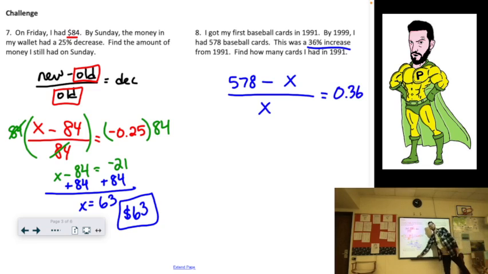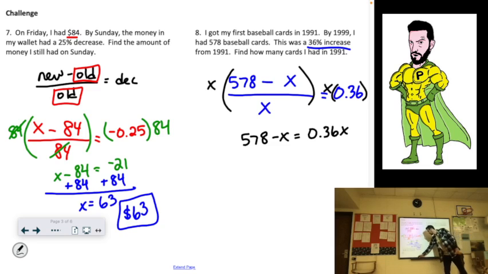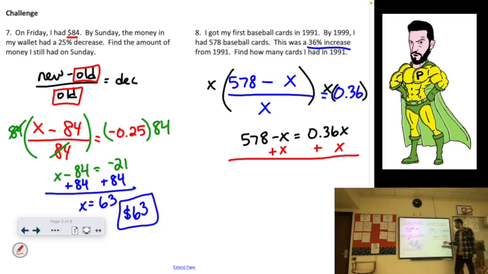Now, if we're to move stuff around here, I see divided by X. We can multiply both sides by X. So we'd have 578 minus X equals 0.36 times X, which is 0.36X. Now, thank goodness we're working on our multi-step equations here, because I can get the X's on the same side by adding 1X. Think of like dollars and cents. 0.36 is like 36 cents.